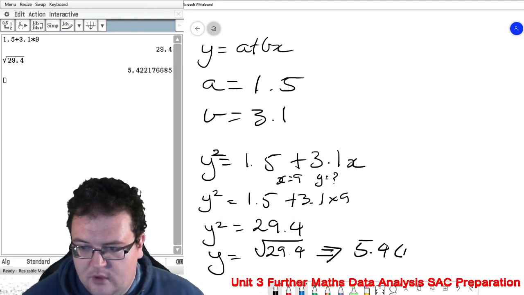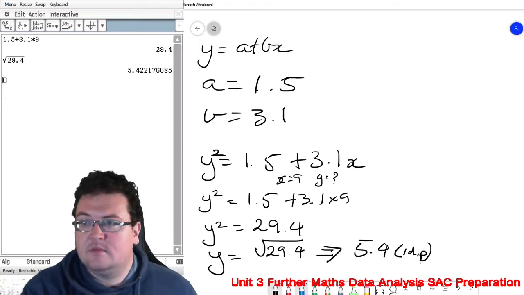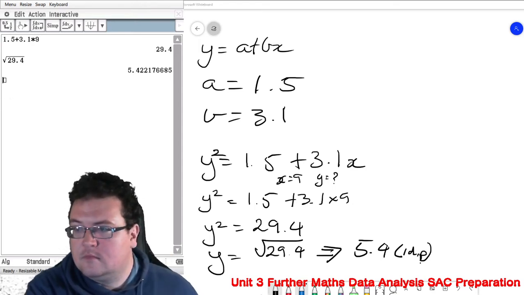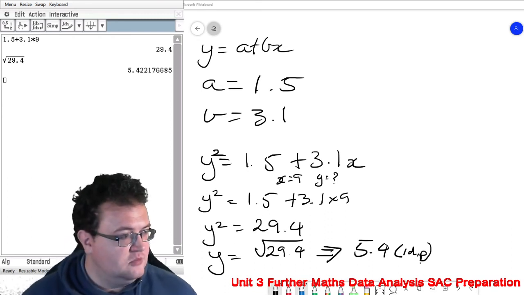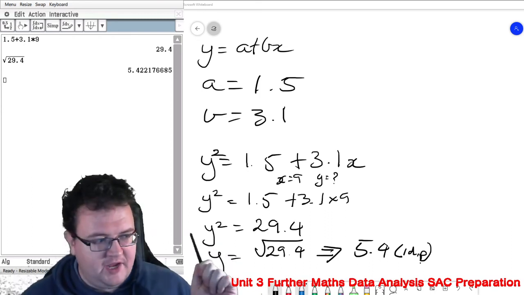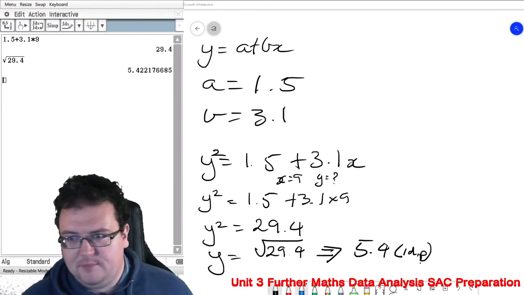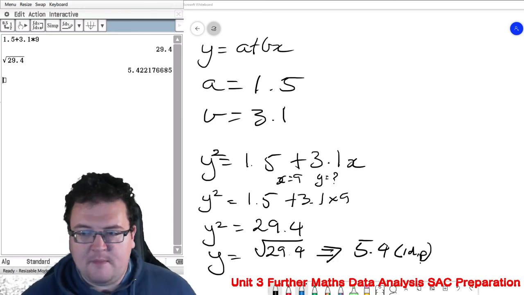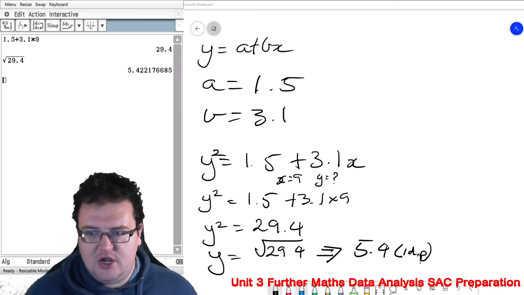Make sure that if you're putting in your own decimal places, you say 1 decimal place. And that should be the answer the back of the book gives you. That's why y transformations are a little weird, because you have to do that extra square root step. Remember that y squared and y are connected, but they are not the same.